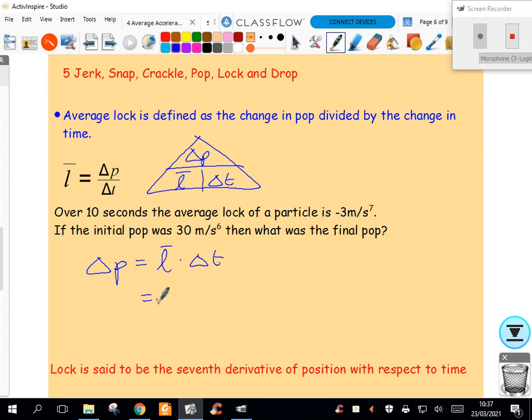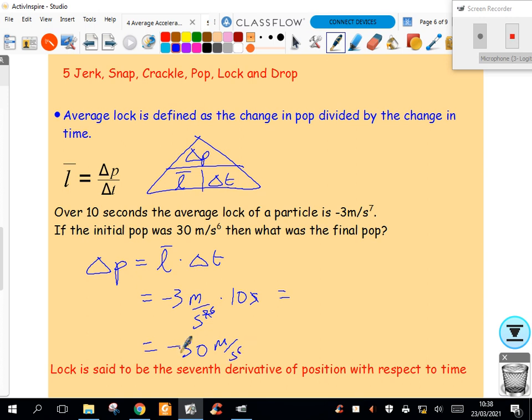The average lock was negative 3. That's meters per second to the power of 7. I'm multiplying it by the change in time, which is 10 seconds. One of those units cancels with that second. Negative 10 times 3, that's, let me write it down here, negative 30. That's going to be meters per second to the power of 6.